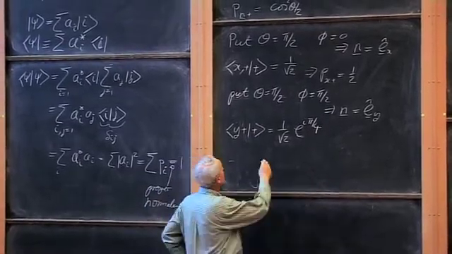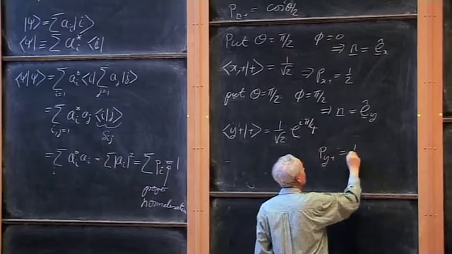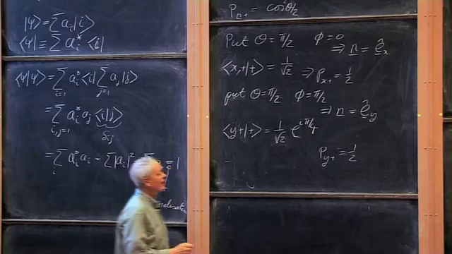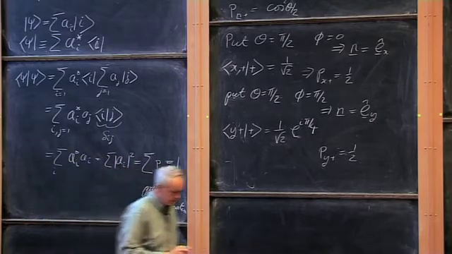But the probability for getting plus on y is still a half. It's the same as it is on x, which again has to be the case by symmetry if you think about it.